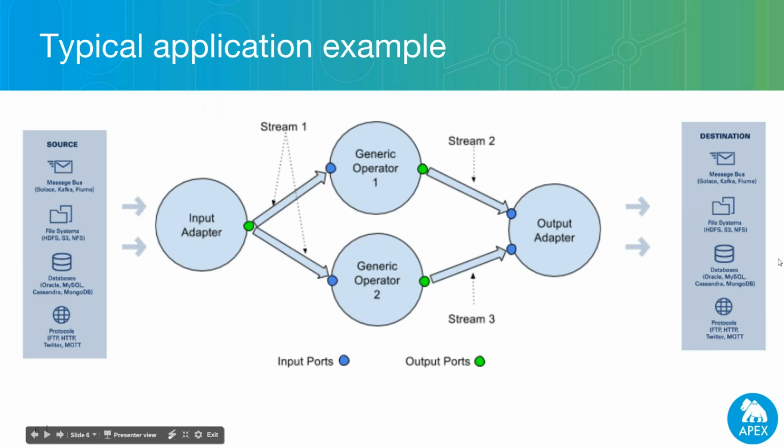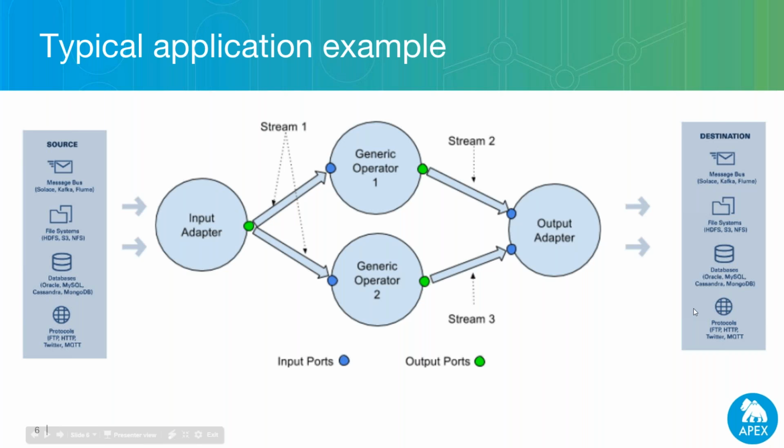This is a typical application example. The operators here we categorized into three parts. One is the input adapters, the next is the generic operators, and the third one is the output adapters. With the input adapters, we either read messages from Kafka, read files from the file system, or read records from the database.